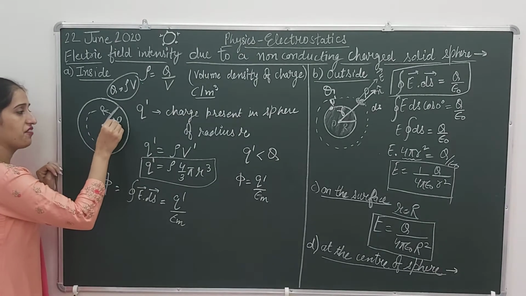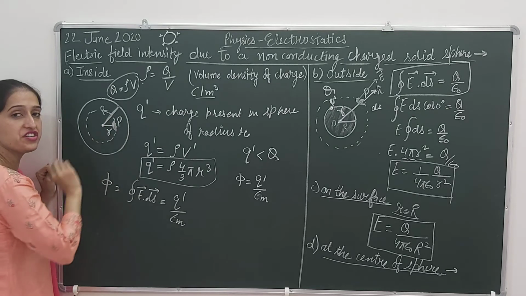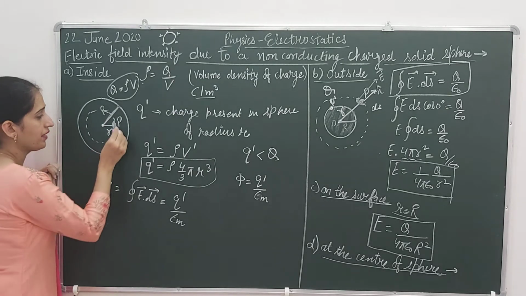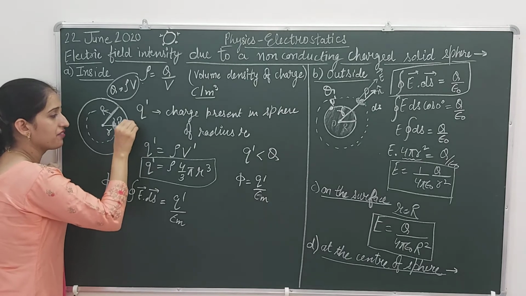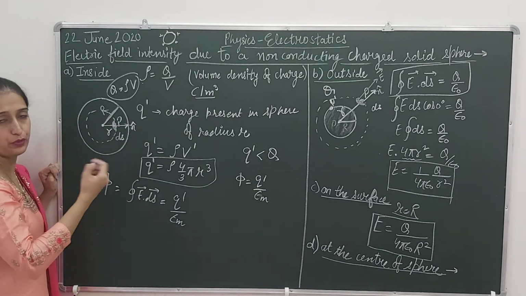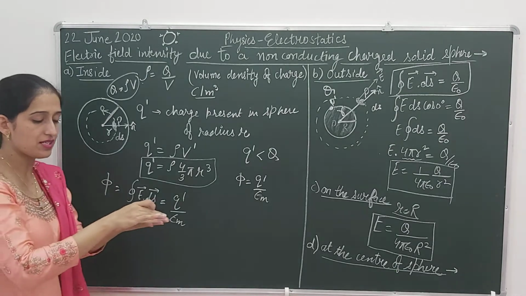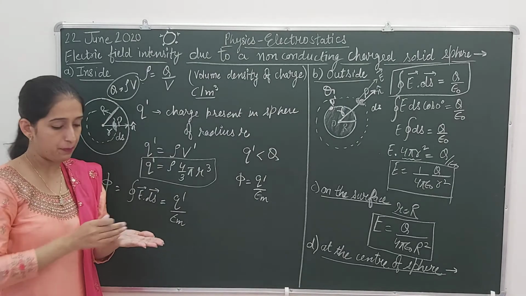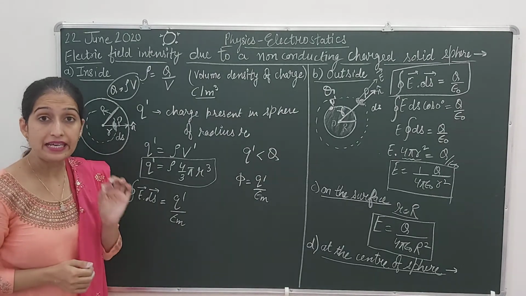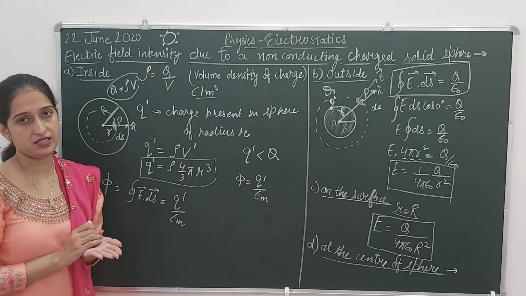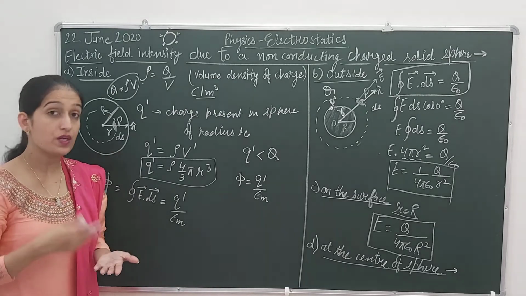Now for this surface again I am choosing a small element having a small area ds. Again its area vector will be given by n vector, which is always perpendicular to the plane. Suppose this is the surface; its area vector will be perpendicular to this surface, towards the observer.